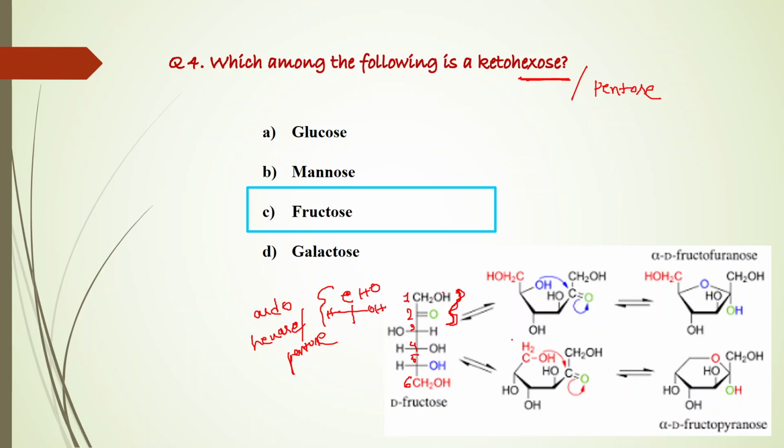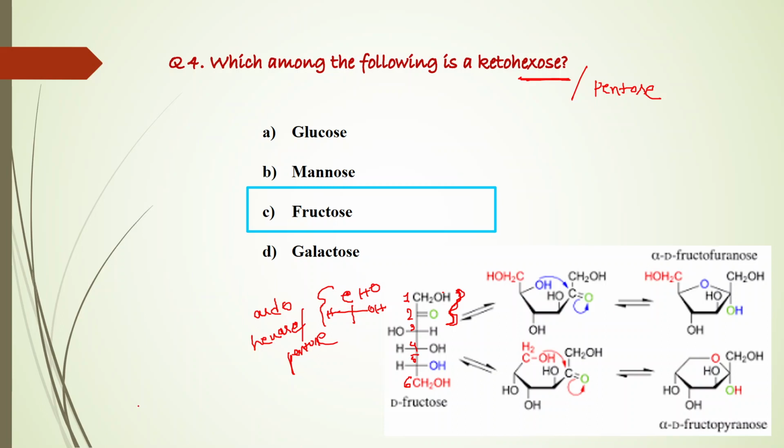The next step shown here is the cyclization process. At the beginning of the first or second question, I showed that you need a carbonyl center and a hydroxyl group for further cyclization. Whether you are forming a furanose or a pyranose, you need a carbonyl center and a hydroxyl group for the attack to occur.